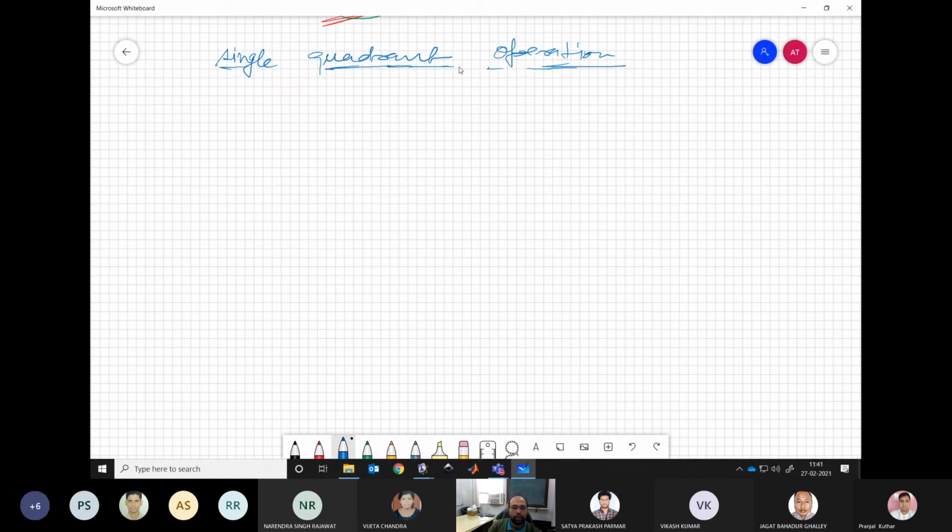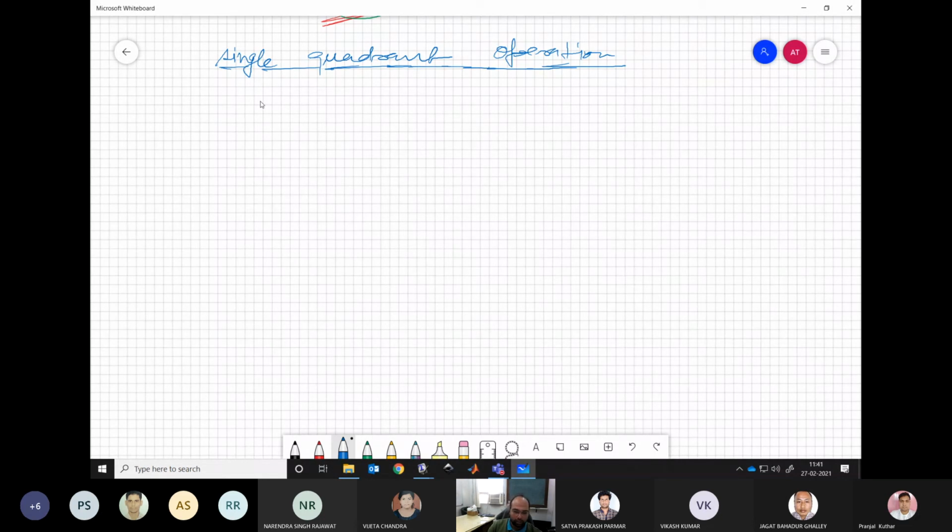So diode has a certain characteristic: forward voltage blocking, forward current conduction, reverse voltage blocking, and all other devices have forward voltage blocking and forward current conduction.